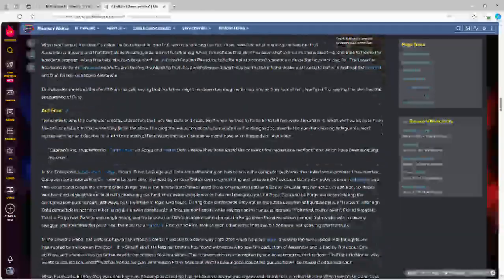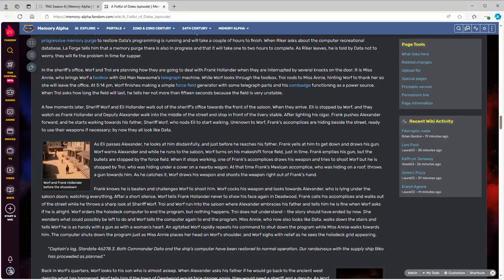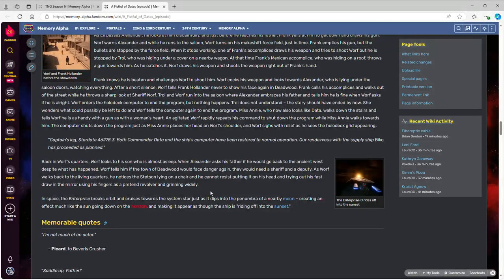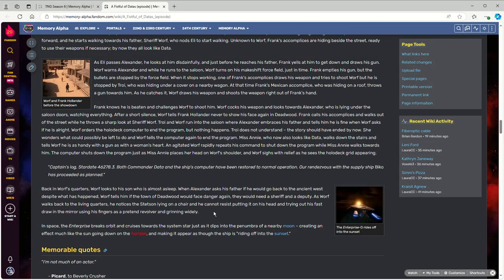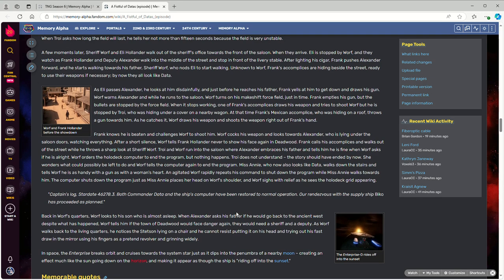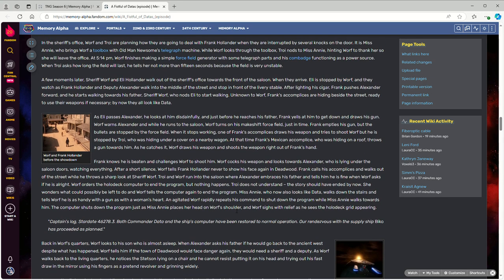Anyways, yeah, that's basically it though. The reason for this particular holodeck program, to be fair here, doing a Wild West holodeck simulation would be fine.